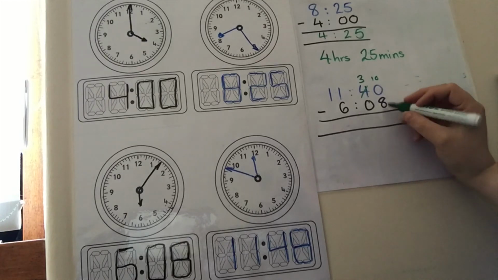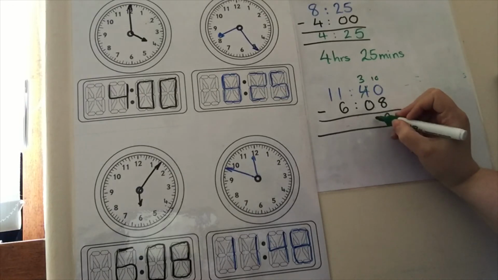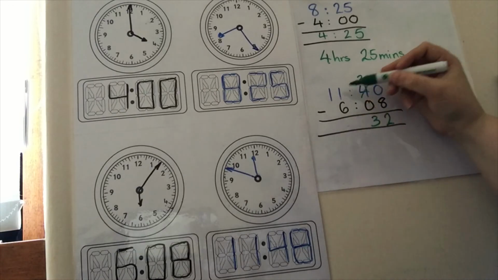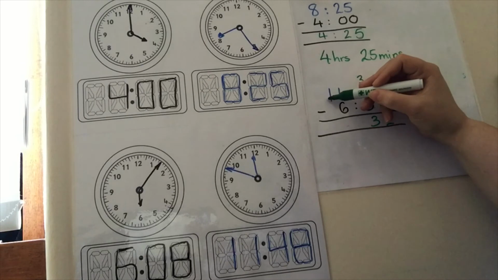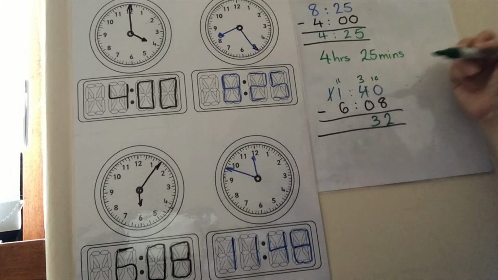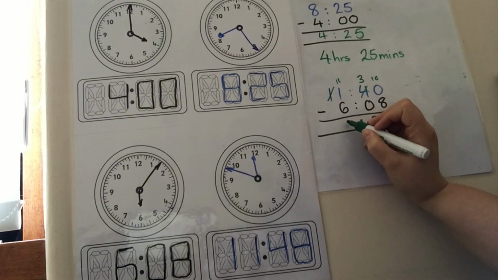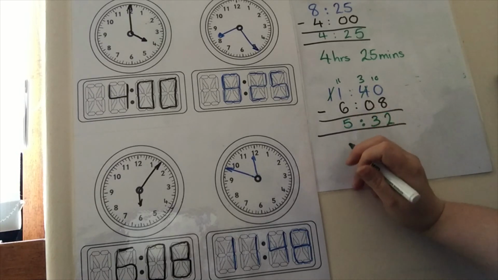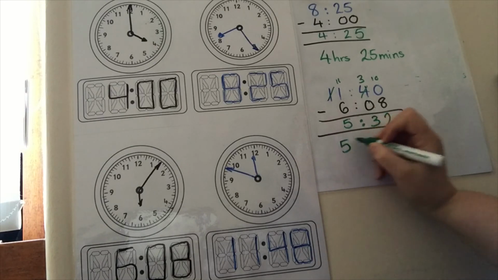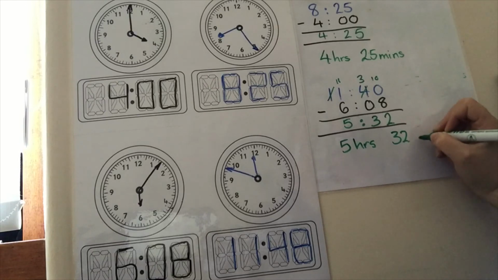So 10 take away 8 is 2, 3 take away 0 is 3, 1 take away 6, well we can't do that, but we can do 11 take away 6, which would give us 5. So 5 hours and 32 minutes have elapsed.